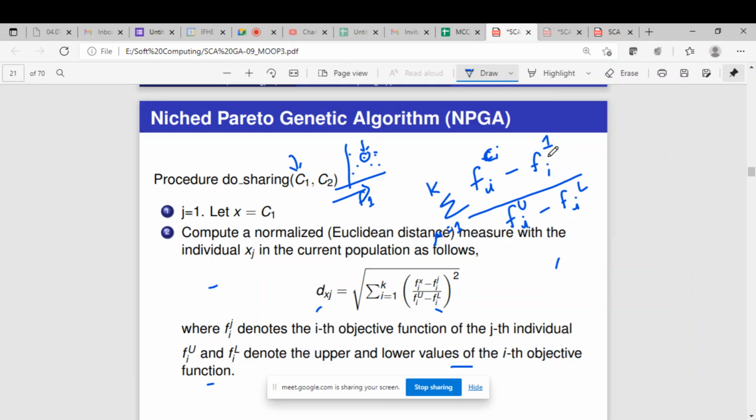With respect to the first objective function, for what value of x does it give this as the result, that is what we are checking here. Similarly, fi1 means with respect to the first objective function, this one represents the first individual, maybe this individual. So with respect to the first objective function, what value are you getting as the output?